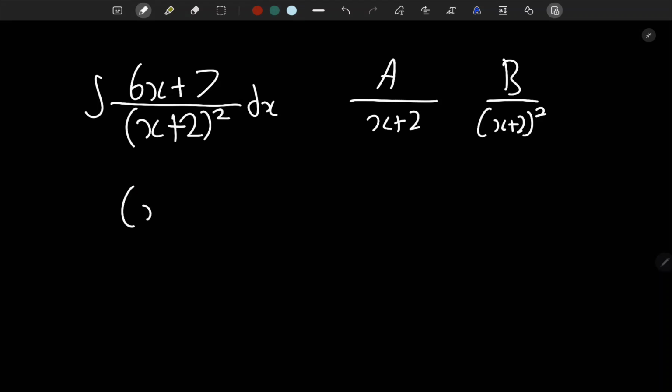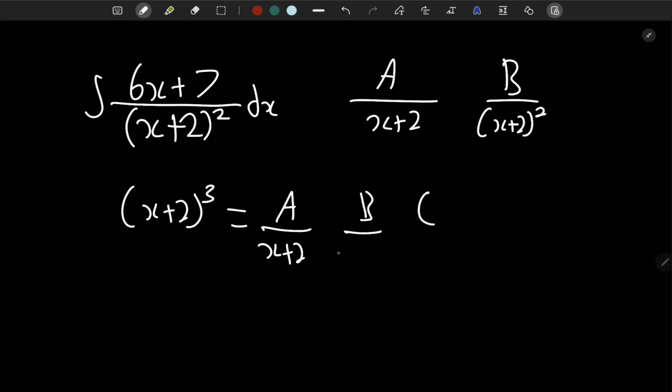So let's say, for example, it was x plus 2 to the power cube. We have the highest power as 3, so there will be 3 unknowns, a, b, and c, and the denominator for each of them, first one will be x plus 2, next one will be x plus 2 squared, and for c it will be x plus 2 cube.